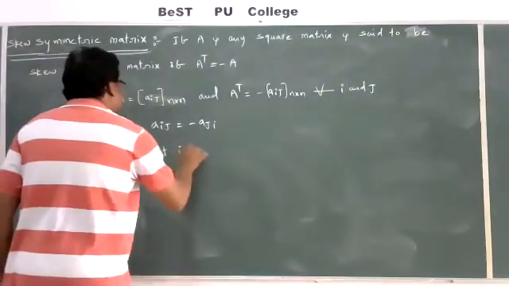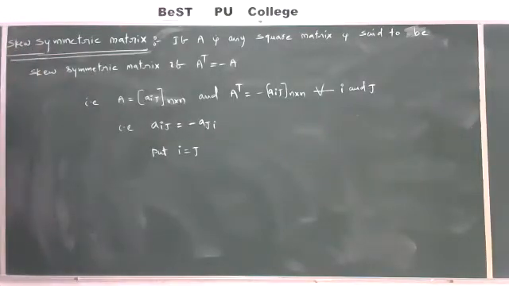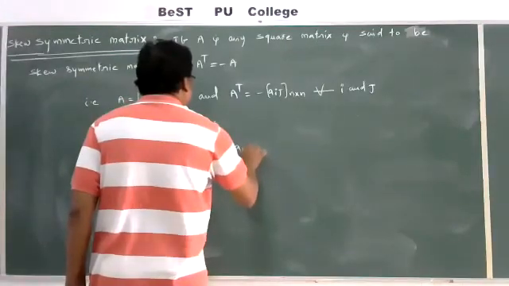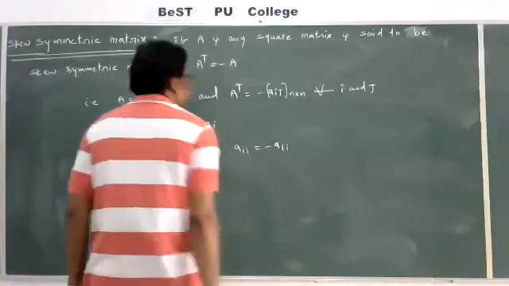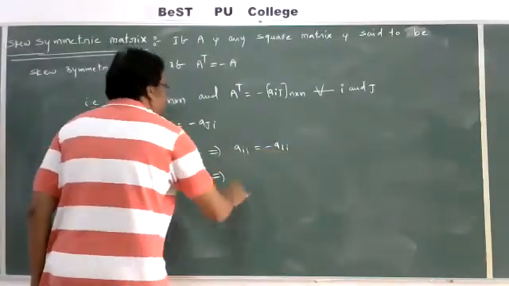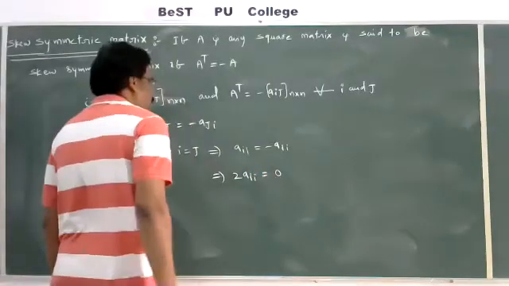Put i is equal to j here. Then you get Aii is equal to minus Aii. That implies, bringing minus Aii to this side, 2Aii is equal to 0.